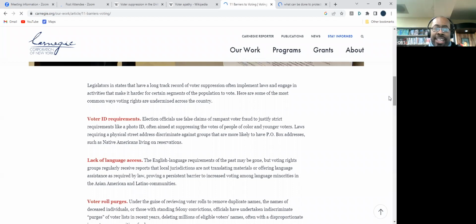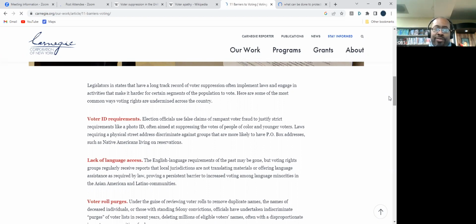And it also made it impossible for people to vote. So basically you had the poll tax, you had the literacy test, and you had similar laws where it was nearly impossible for African Americans to vote.